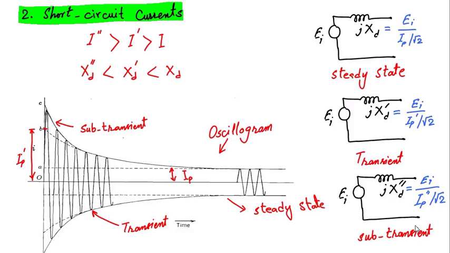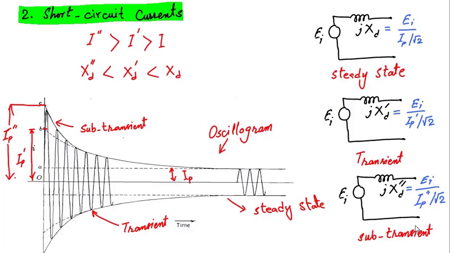The point where the envelope of sub-transient period current intercepts the vertical axis, the distance between origin O and point C, is known as the sub-transient current peak value. This is the point of interception, so this is current IP double dash. When we divide the induced EMF by that current, it gives us the sub-transient reactance.